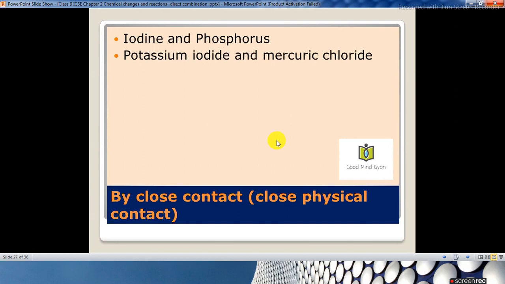By close physical contact, let us take the example of iodine and phosphorus. Iodine and phosphorus will react with each other when they come in contact, and they will react explosively. Similarly, potassium iodide and mercuric chloride can be ground together.